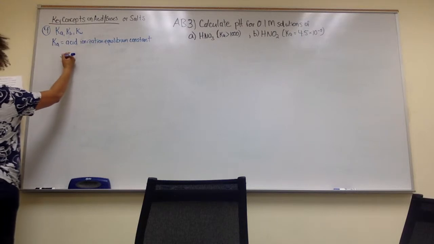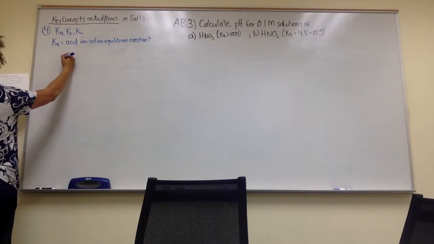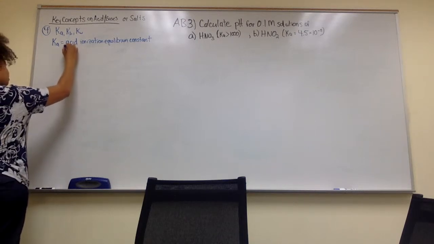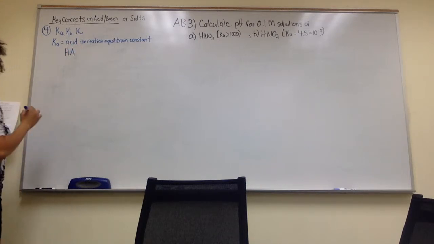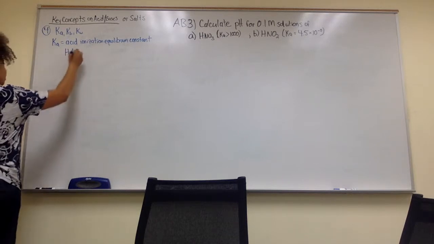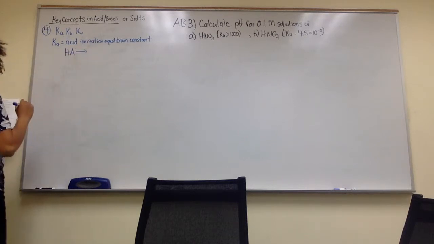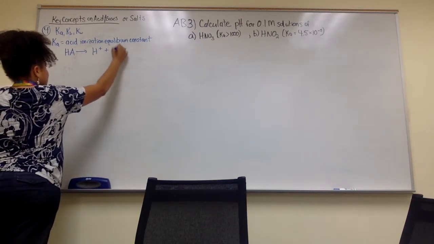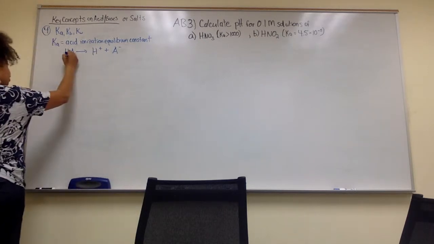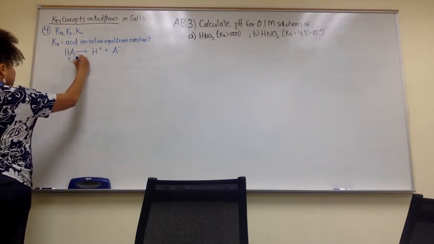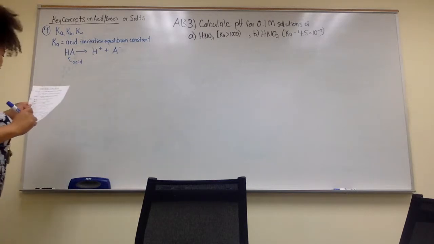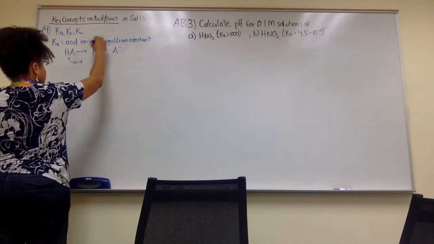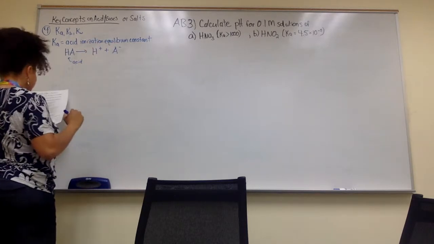And it is calculated according to, well, first of all, let's write a generic equation for acids. Remember that we said acids are being represented as HA, and when they dissociate, they form H plus and A minus. HA is the acid, and we've already seen this before in problems 1 and 2. H plus is the number of protons, which we use to calculate pH.